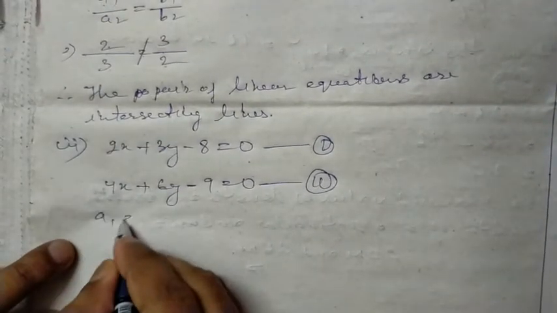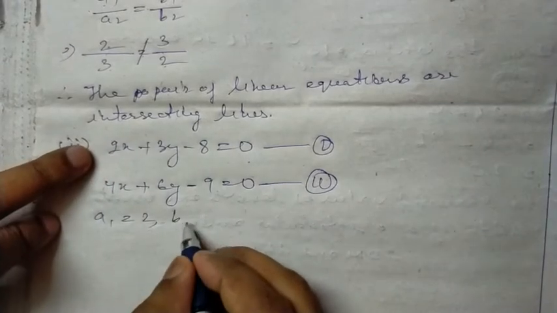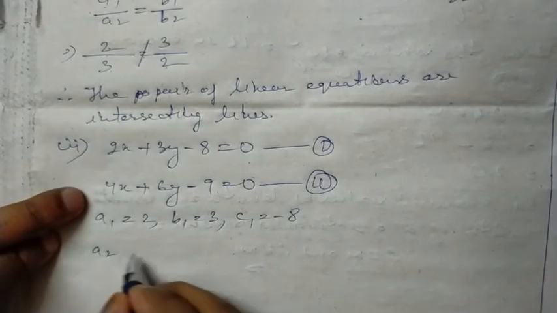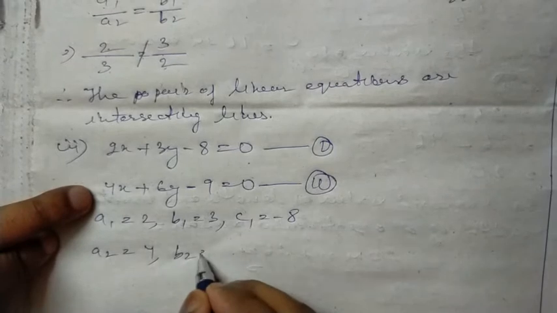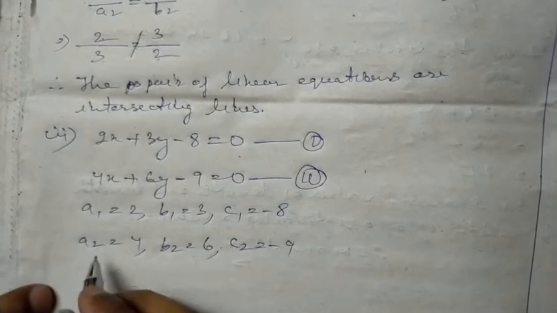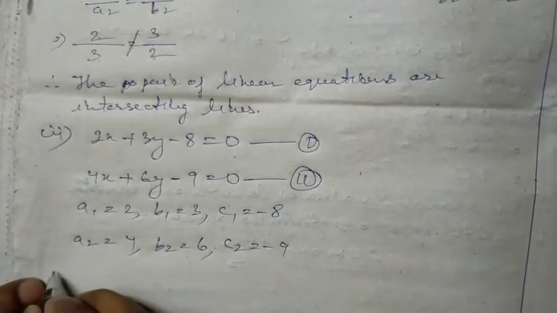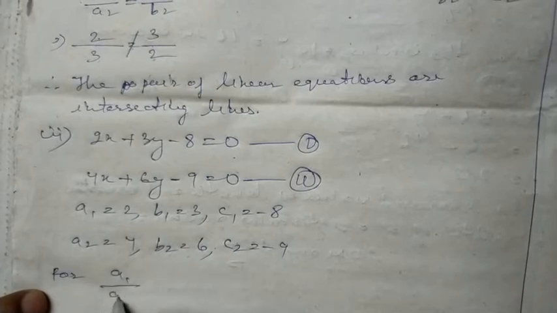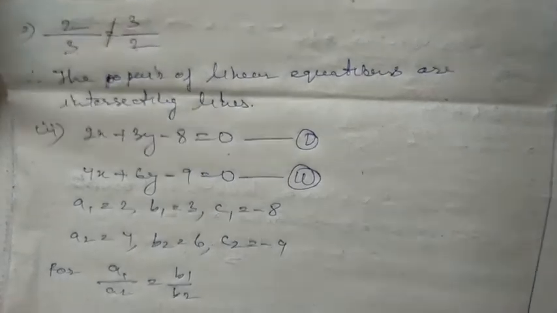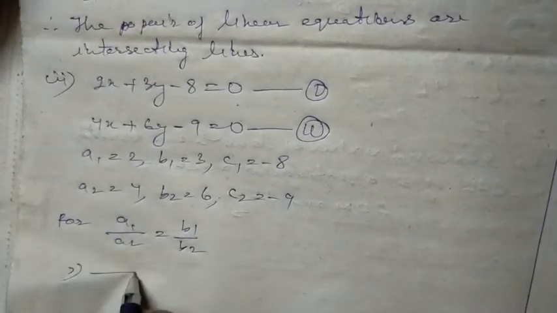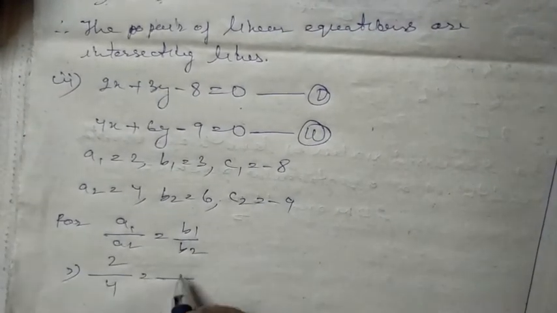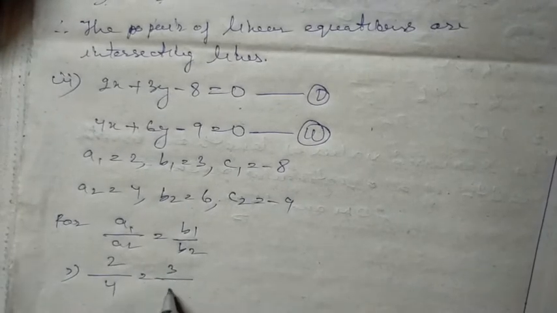See here, a1 is 2, b1 is 3 and c1 is -8. Here a2 is 4, b2 is 6, and c2 is -9. Now I can see the ratio a1 by a2 equal to b1 by b2. First see whether these ratios are equal or not. a1 is 2 and a2 is 4, b1 is 3 and b2 is 6.